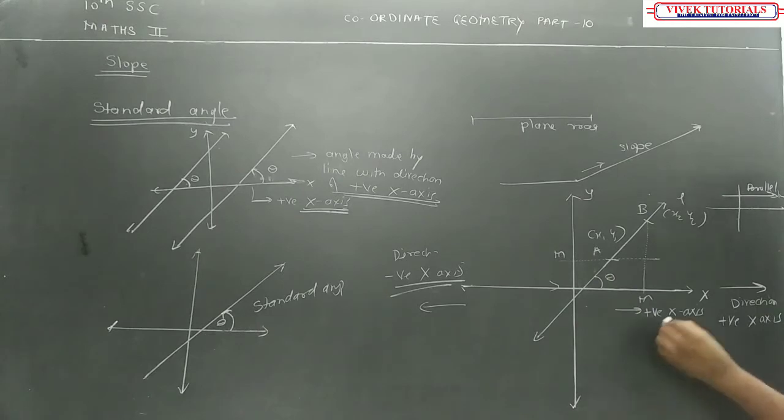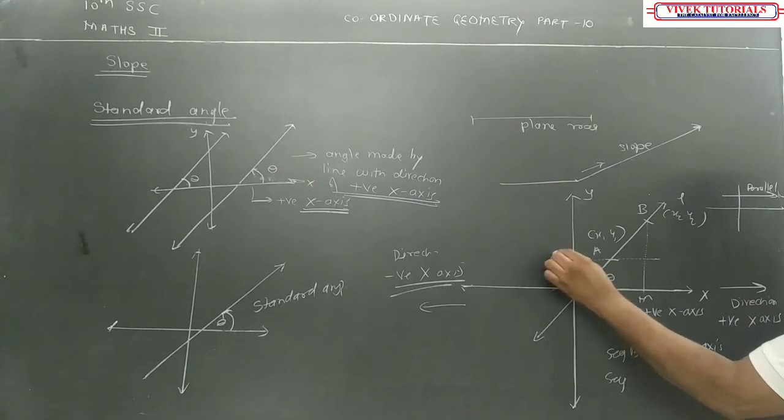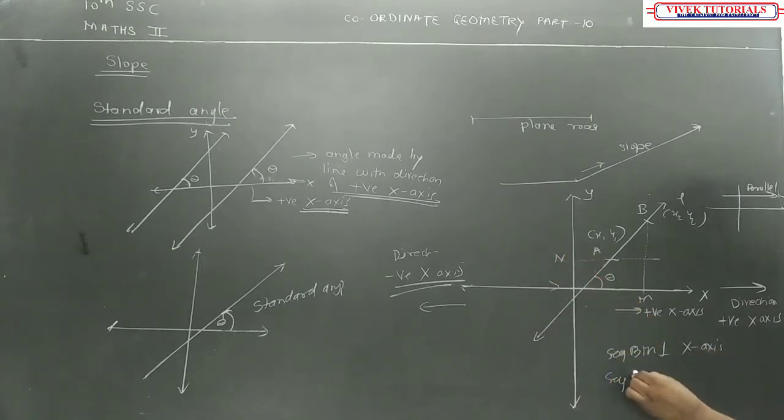So what can I write? Segment BM is perpendicular to the x-axis, and line AM is perpendicular to the y-axis. You got it?